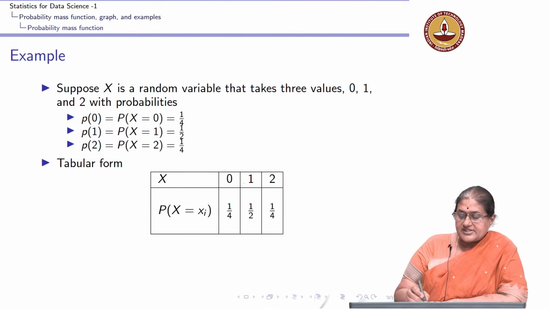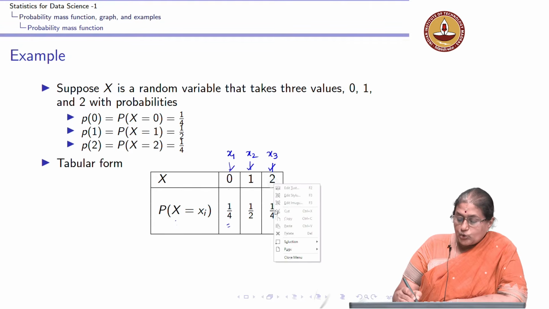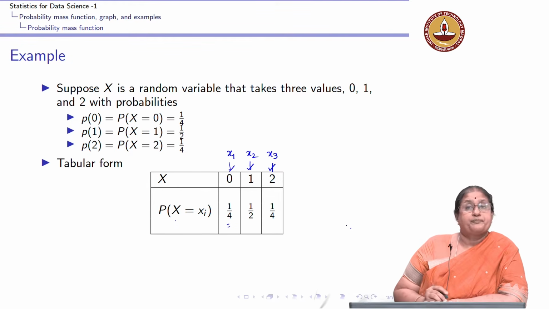Tabularly, I can represent it as x takes the value 0, 1 and 2. So, my x1, x2, x3 take 0, 1 and 2, with probability x equal to x1, which is 0, being 1 by 4, x equal to x2, which is x equal to 1, being 1 by 2, and x equal to x3, which is x equal to 2, being 1 by 4.